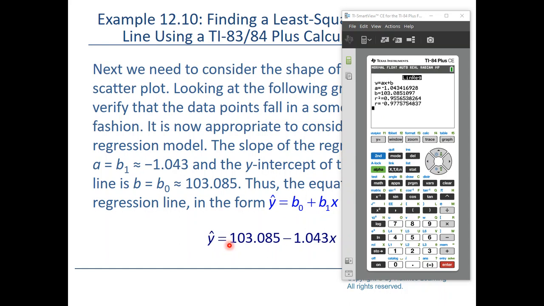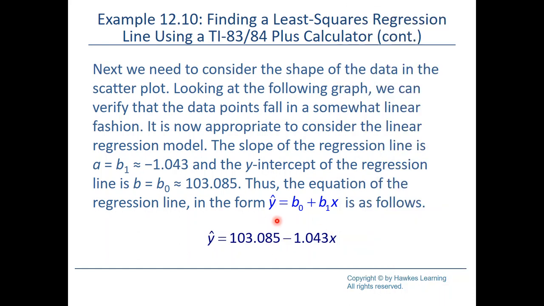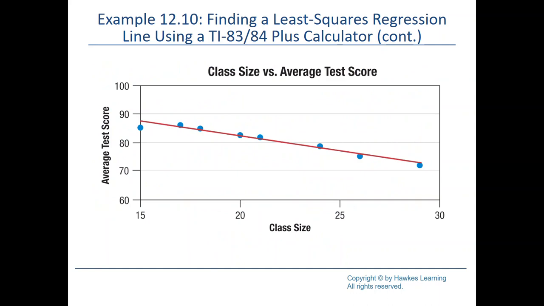Notice how this is basically what we spit back out here. And that a was a negative 1.043, and there it is, okay. Because we have that statistically significant, we can just go ahead and plug in what those numbers are, and that's what we end up with. The calculator does remind you of what the formula needs to be, so hopefully that is helpful. And we can see that as you plot the points and the line, they fall pretty closely together.